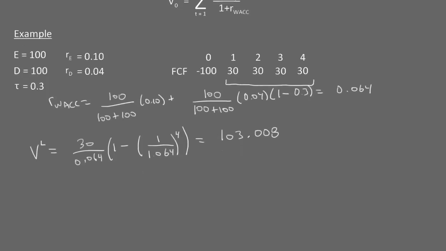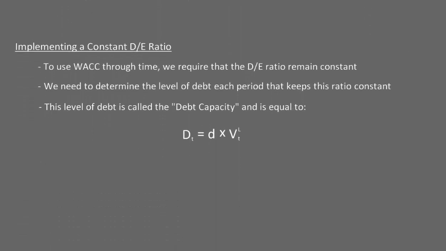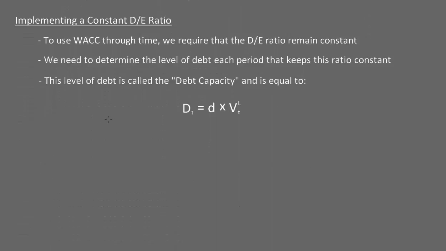Now, with WACC, we have to maintain a constant debt equity ratio to keep WACC constant through time. So we need to determine the level of debt each period that keeps this ratio constant. This level of debt is called the debt capacity, or Dt, and it is represented by D times VtL, where D is your debt to value ratio, debt over debt plus equity. In our example above, we had 50%.